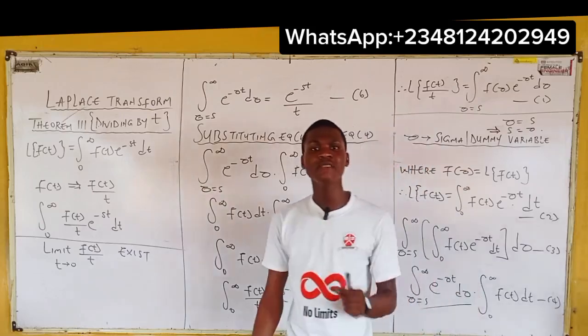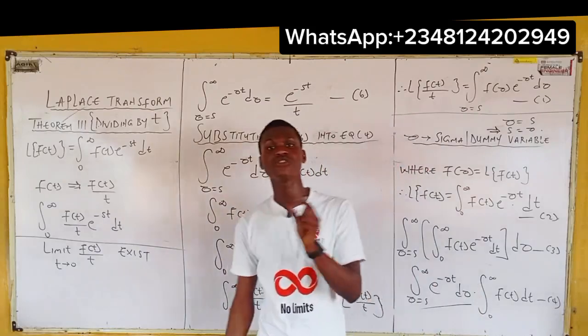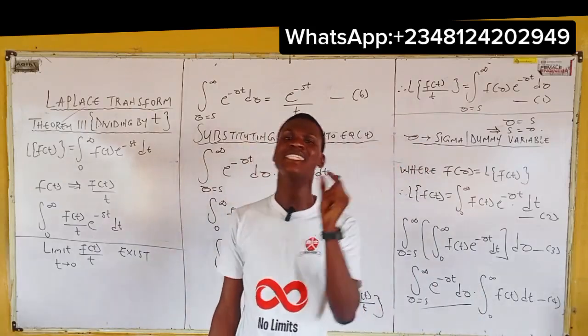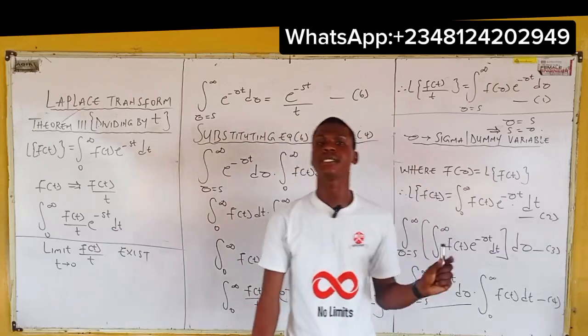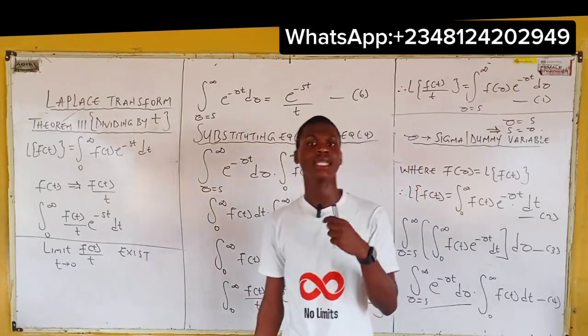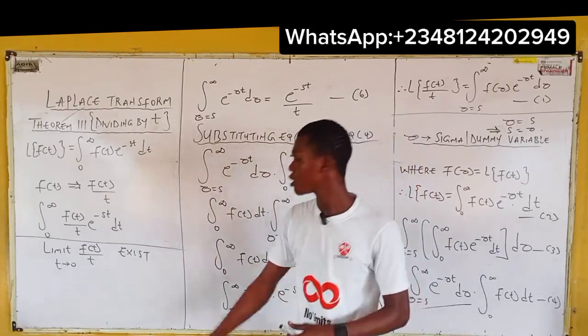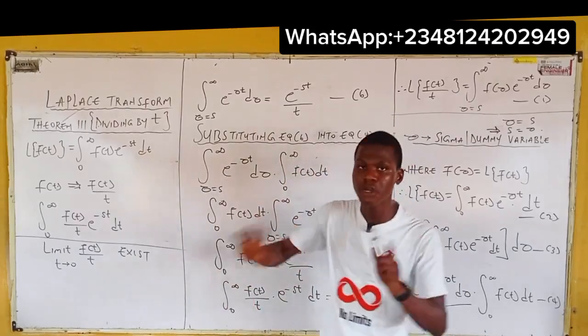Your answer must give a finite result, meaning a finite number such as 0, 1, 2, 3, 4, 5, 6, and the likes. So if it gives a finite number, it means the limit exists. Hence, implement these steps for that very question.